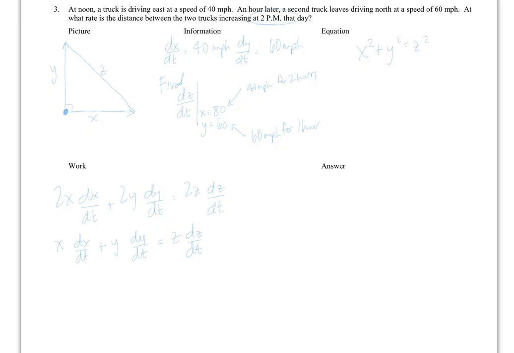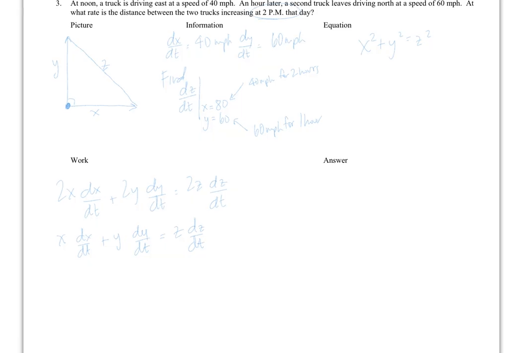Now I'm hoping that I have enough to plug in here so that all I'm trying to solve for is this, right? That's what it says to find. Find dz/dt. So let me start plugging in. And if I don't have enough information, I may have to go back in and plug some other stuff in. So the x value I have is 80. The dx/dt that I have is 40. The y value that I have is 60. The dy/dt that I have was also 60.